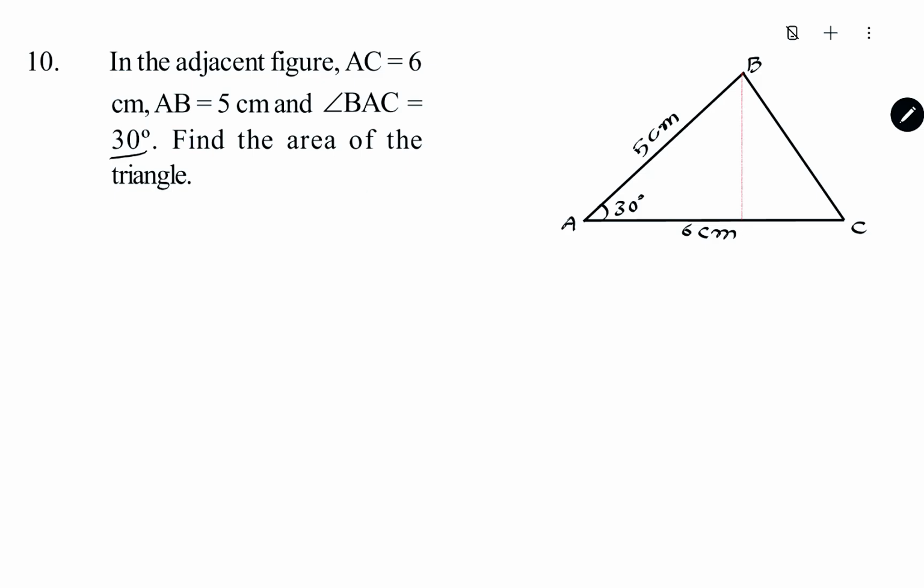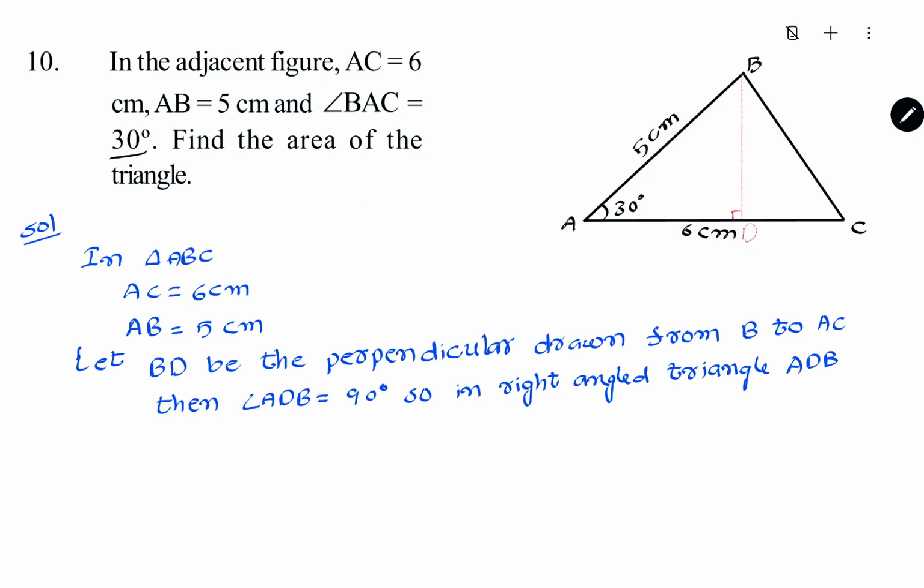Here this point, name it as D. Now write the given data. In triangle ABC, AC is equal to 6 centimeters and AB is equal to 5 centimeters. Let BD be the perpendicular drawn from point B to AC.